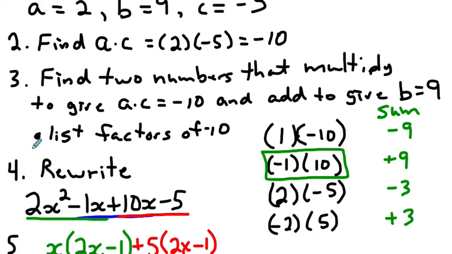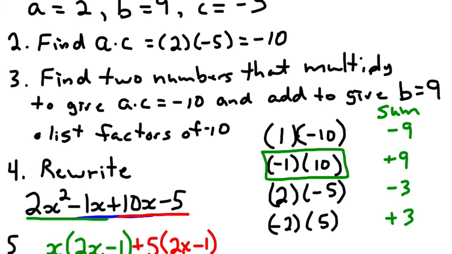We look at the second 2 terms and you can see that there's a 5 common to both of those. So we pull out the 5. And you can see when we pull out that x and we pull out the 5, we get 2x minus 1 for both of those factors.